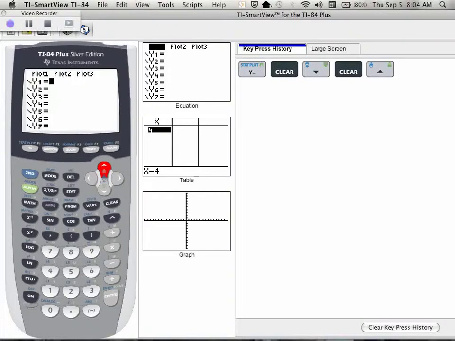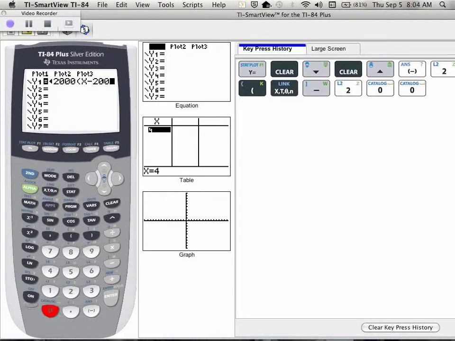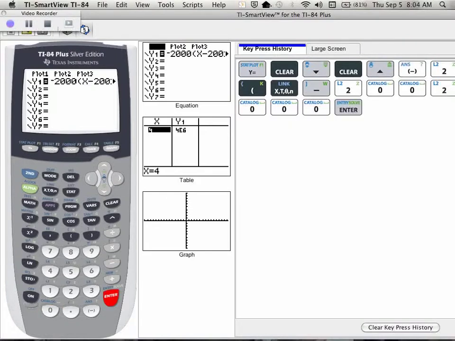So I really have negative 2,000, parentheses, x minus 2002. And then I move the 1,000 over to the other side, so that I can put it in my calculator. Hopefully I have the right equation there.